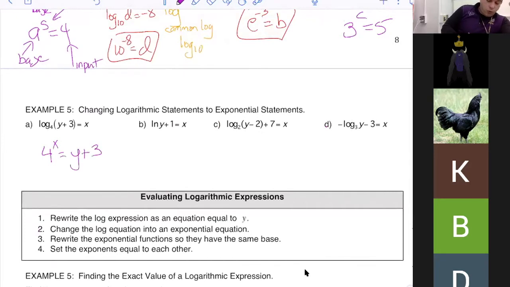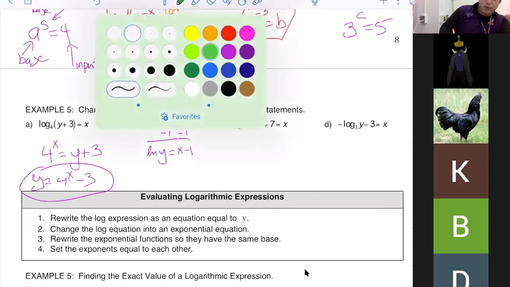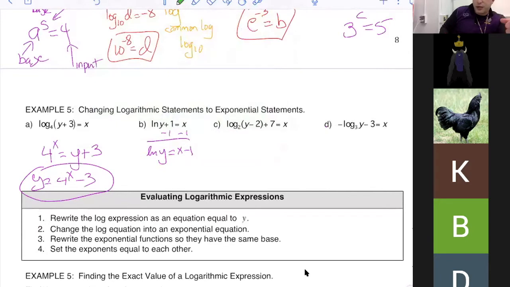And now y is equal to 4 to the x minus 3. So this is a lot easier to graph and a lot easier to solve. Okay, similarly for b, if I want to get y by itself, the natural log of y is equal to x minus 1. Well, again, with knowledge of exponential notation, I can rewrite this as e to the x minus 1 is equal to y, right?